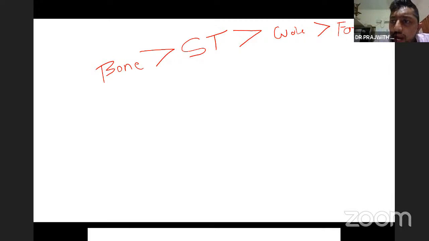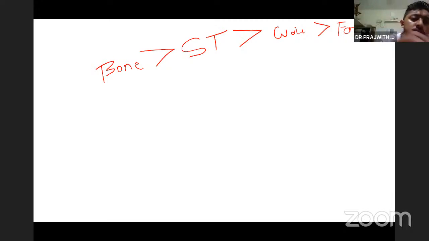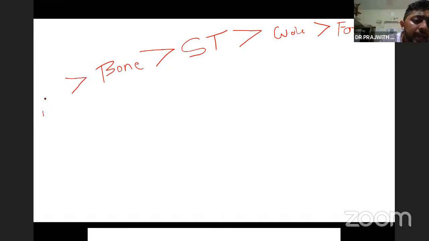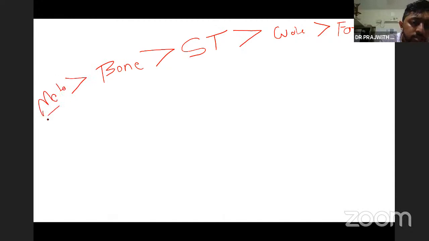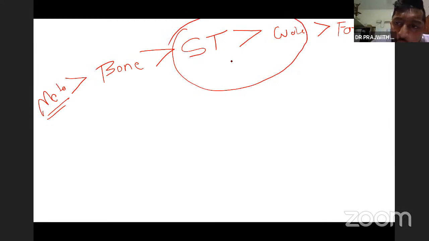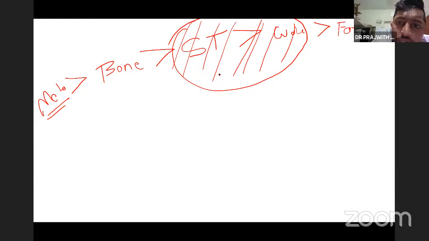And compared to fat, air is very much less dense. Compared to bone, any metal will be more dense. So remember that the difference between the soft tissue and water is very small. So usually we cannot differentiate these two.